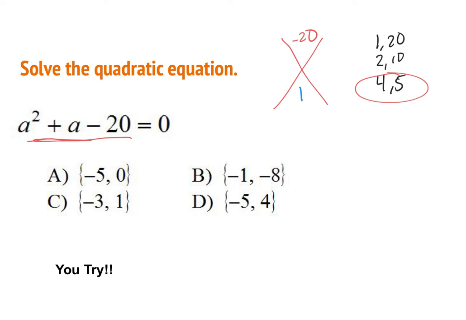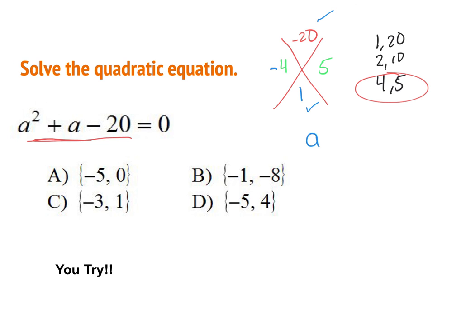So let me just write that down and see. So it has to be negative 20, so that means one of the numbers has to be negative. I need to decide which number that is. I want it to be a positive one, so I'm going to see what happens if I make 4 negative. Negative 4 times positive 5 gives me negative 20. Negative 4 plus 5 gives me positive 1, so that's going to work.